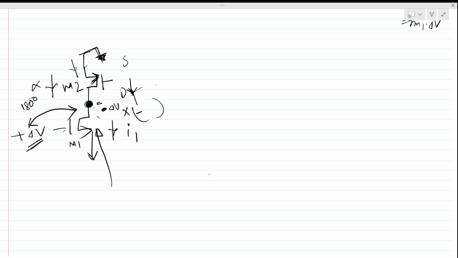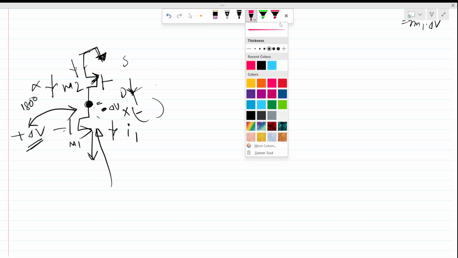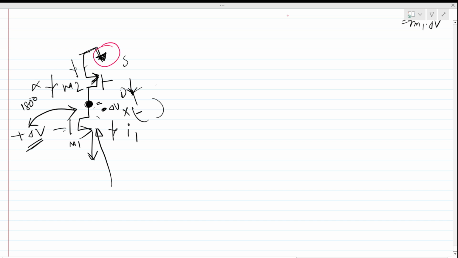So this node is low, and this node is at a higher potential than that node, right? So basically this potential, let's say Vx, will be nothing but minus gm1 times the gain.